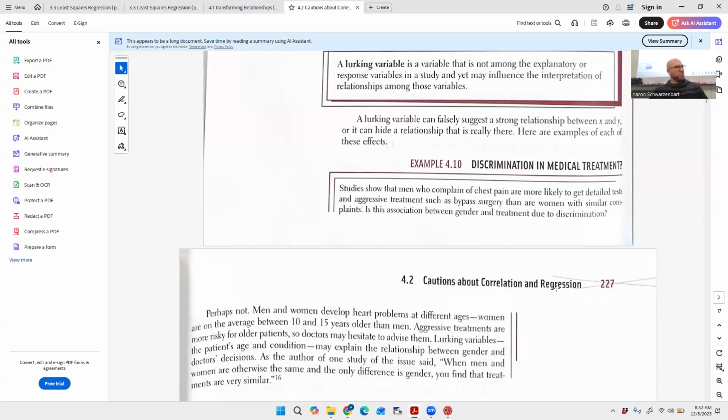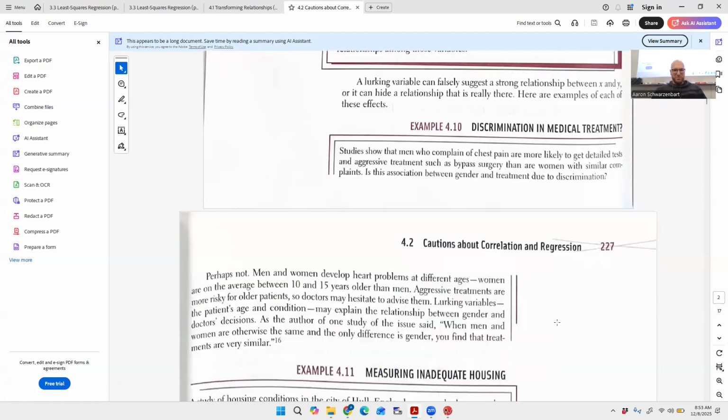Was the one a difficult birth expert? Yeah, you don't go see this doctor unless you're going to have a difficult birth and you're expecting to probably need a C-section. And so a lot of lurking variables show up.